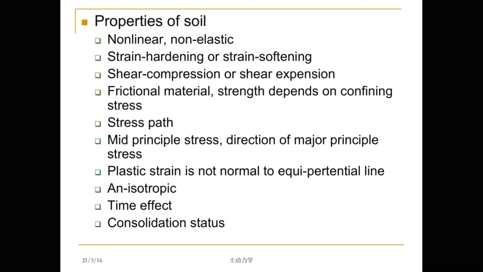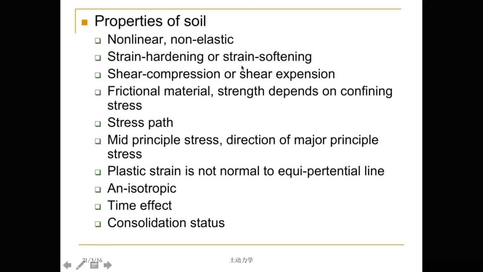That means the loose sand during shearing will tend to become dense. If the loose sand tends to become dense, then the stiffness will increase. Then we call it strain hardening. This is only an example using loose sand. For clay and other kinds of soil, we can also observe this behavior.